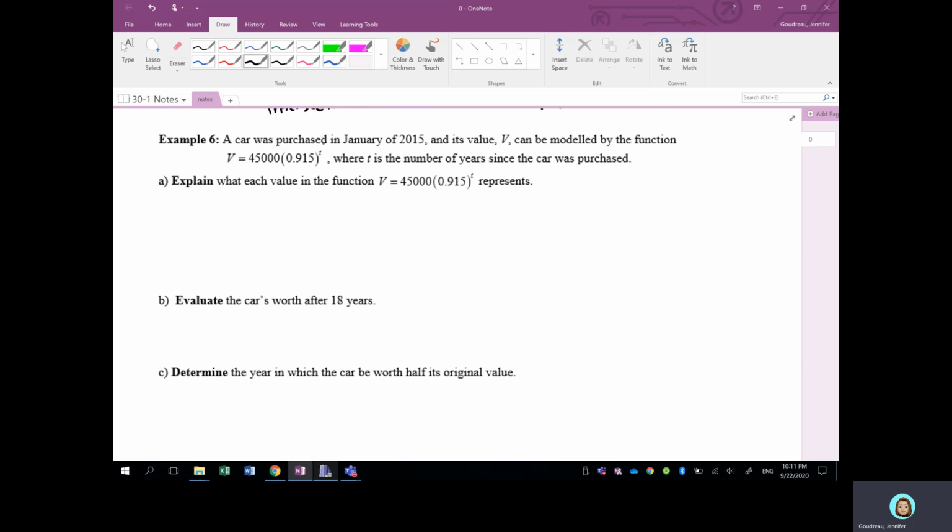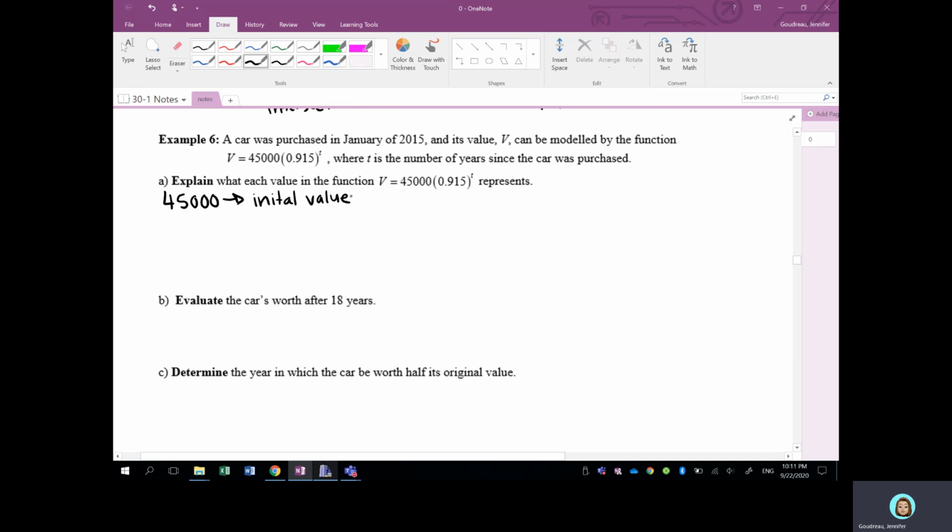Okay, so we need to be very specific about what we're saying here. So let's start with the 45,000. So 45,000 is our A value, but that doesn't really explain what it is. We know that the A value represents the initial value, but that's also not quite specific enough.